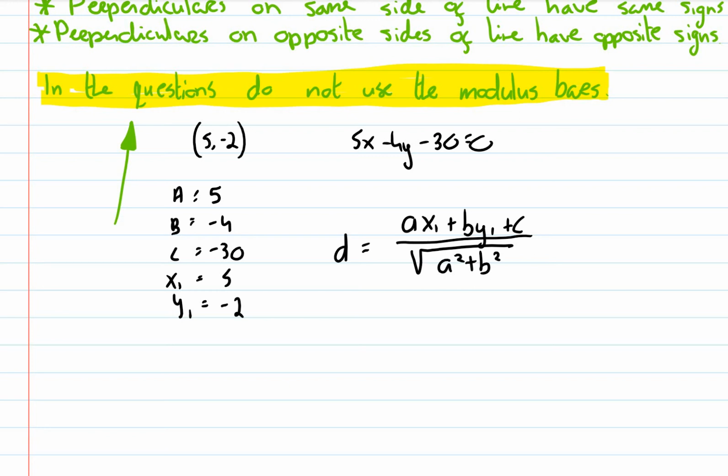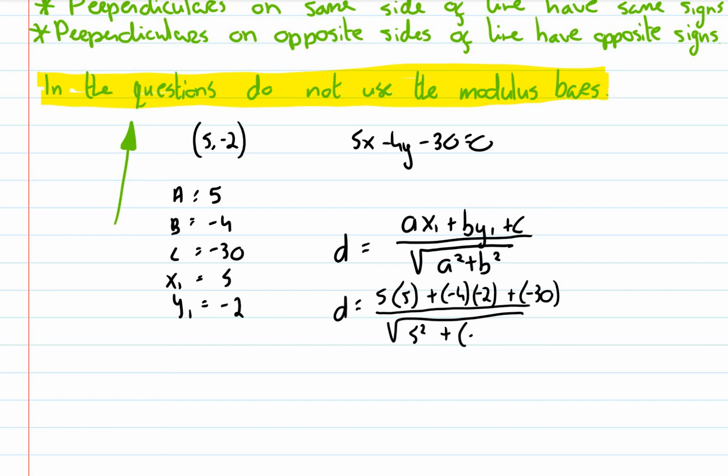Right, let's go. So the distance equals 5 multiplied by 5 plus -4 multiplied by -2 plus c, which is -30. And that's all over the square root of 5 squared plus (-4) squared.